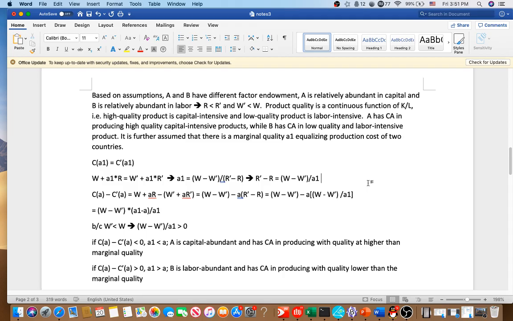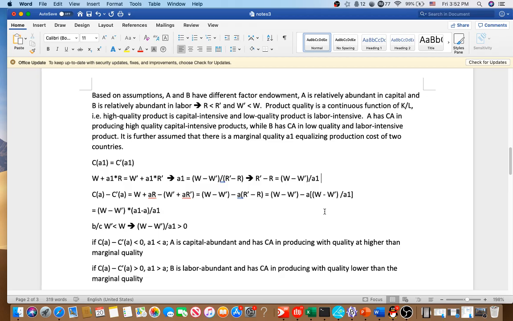You can follow this derivation, right? So at last, we arrive at the conclusion here: because W prime is less than W, this becomes greater than 0.